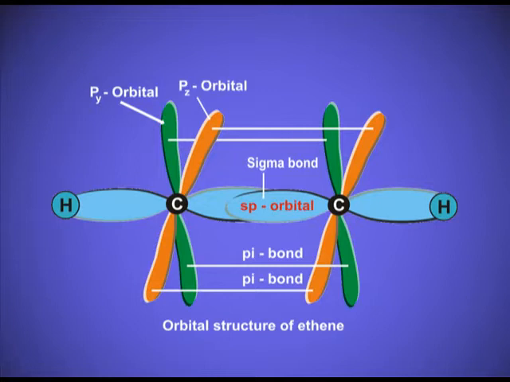From the diagram also, it is very clear that there is a sigma bond between the two carbon atoms, and also there are two pi bonds between the two carbon atoms. And each carbon atom is bonded to one hydrogen atom through a sigma bond. Sideways overlapping is very clear from the figure.